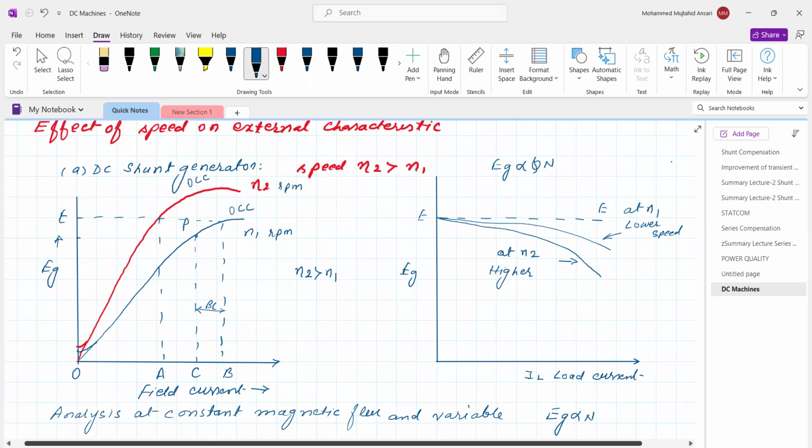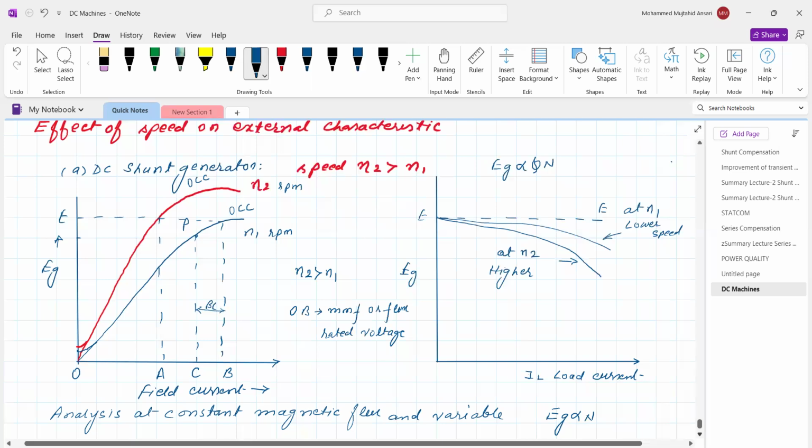To obtain the required terminal voltage, the flux should be higher. So this is OA. Sorry, OB is the flux or MMF to obtain rated voltage. So the flux density will be more.